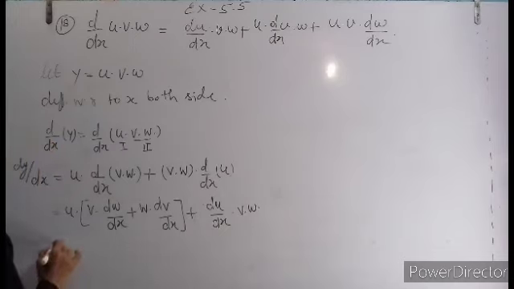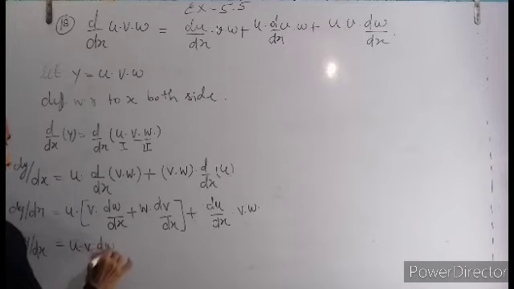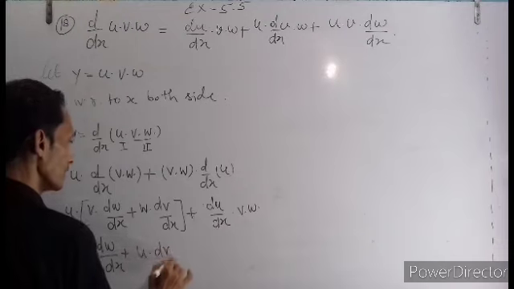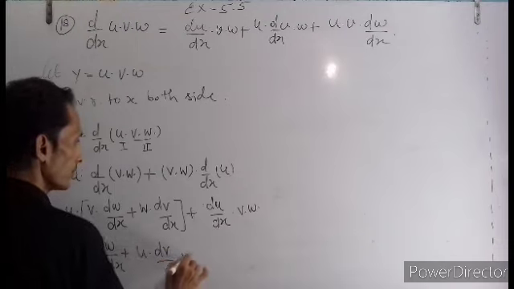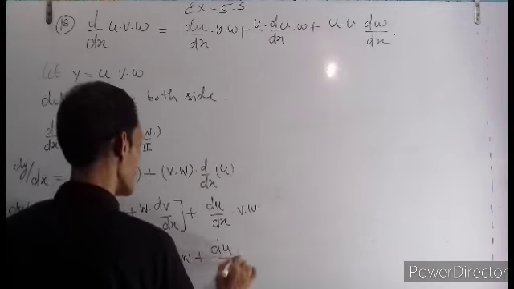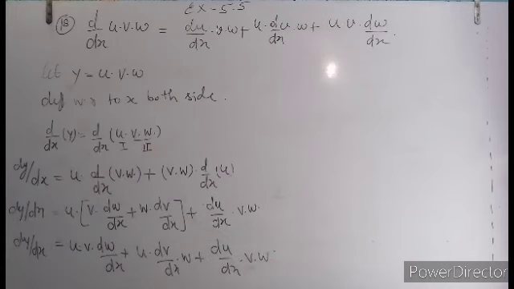Now use this one, that is the dy by dx. You can see, multiply the u in the bracket, u into v into dw by dx. Similarly, u into dv by dx into w. Similarly here du by dx into v into w. In this way you can find.